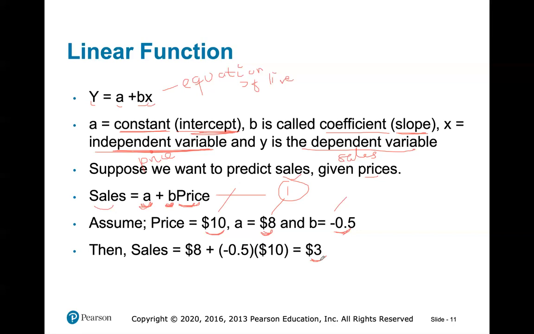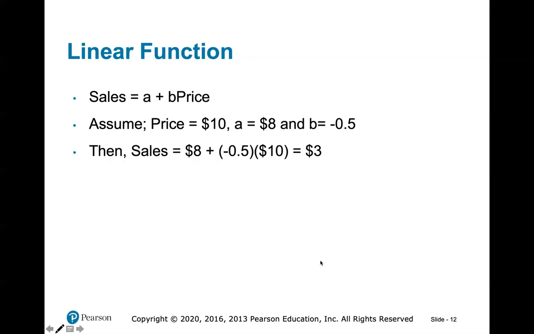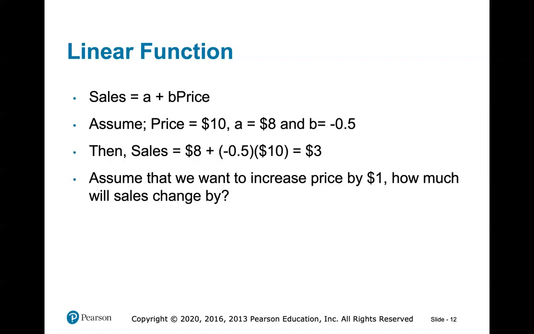So if my price is $10, the constant is $8 and b is negative 0.5, my sales is going to be $3. Now, assume I want to change my price. Suppose I'm a marketing analyst. Initially, our price was $10 and we're making sales of $3.